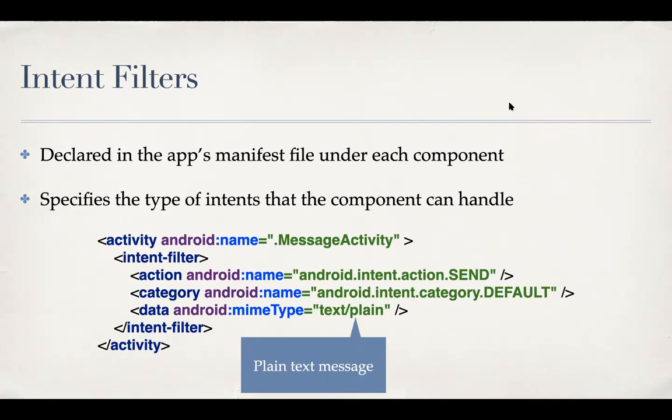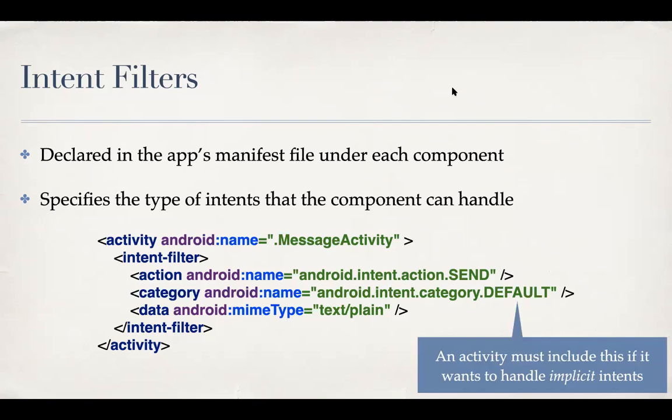Now, what is default? Default: an activity that wants to handle invoking from other components, unless it's an explicit intent. Meaning, if an activity wants to handle an implicit intent, it must specify default. I know we have not talked yet about explicit and implicit intents. That's actually on the very next slide, so perhaps it will be more clear there.